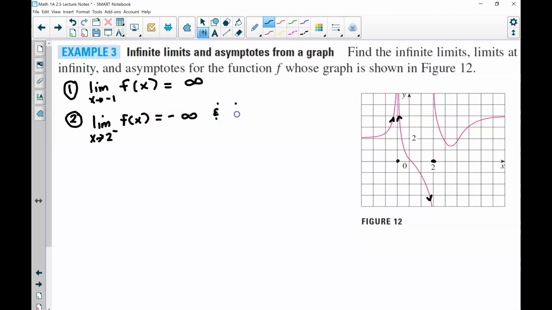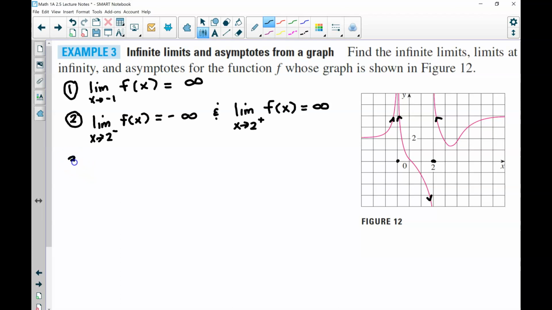And as the limit as x is approaching 2 from the right of this function is equal to infinity. Thus, both of the lines x equals -1 and x equals 2 are vertical asymptotes.